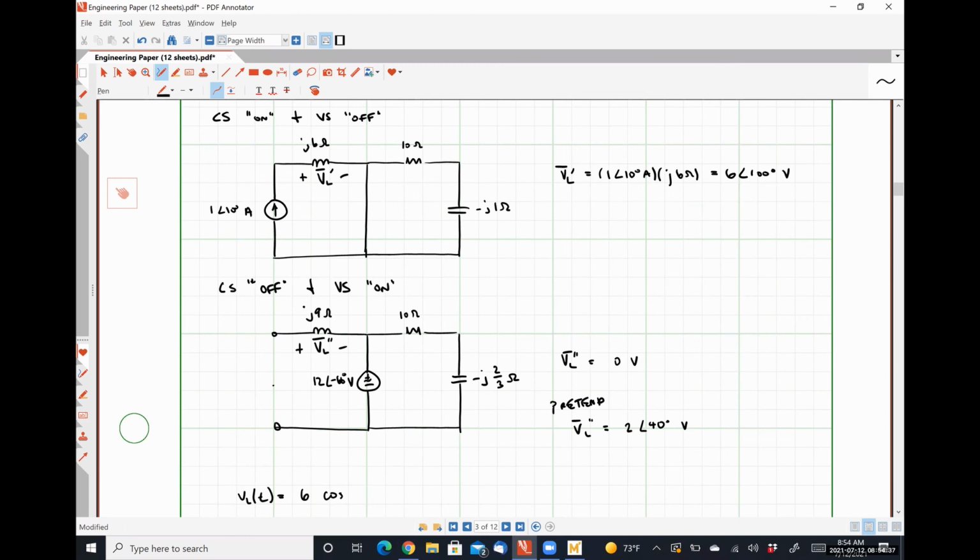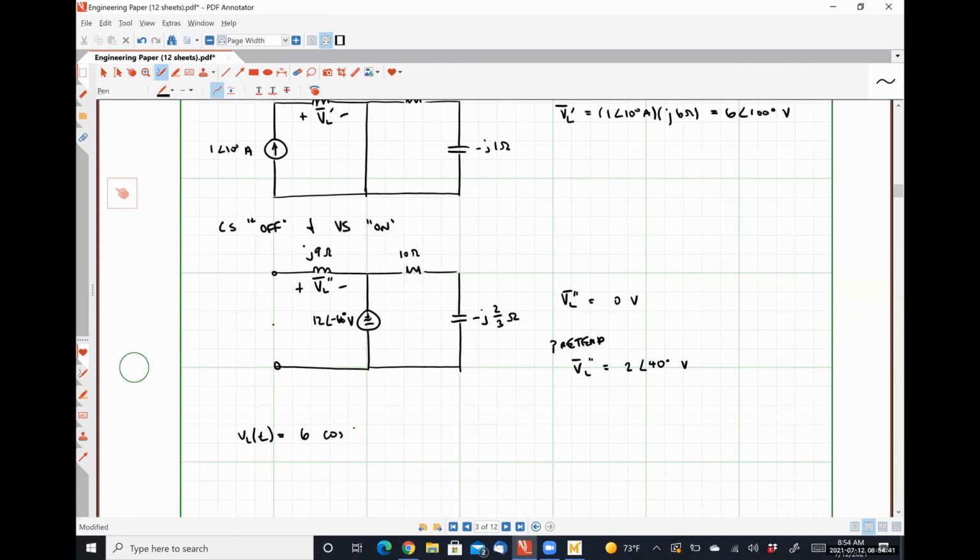Didn't change the results of our second step at all, but so this should be 6 cosine 2t plus 100 degrees plus 0 cosine 3t plus 0 degrees volts. Or if we had used our pretend value, 2 cosine 3t plus 40 degrees.